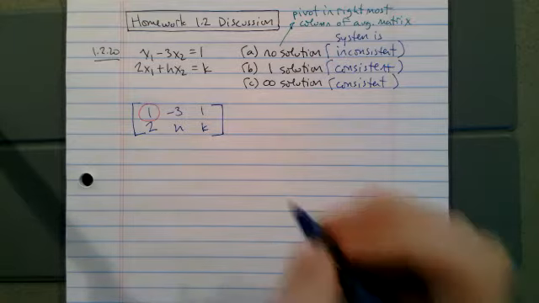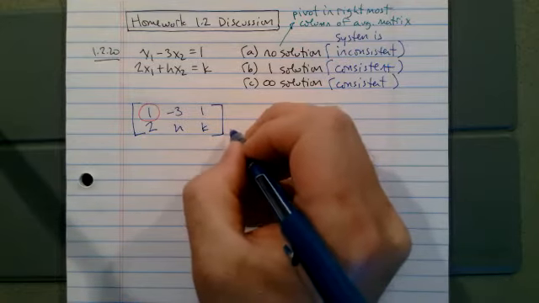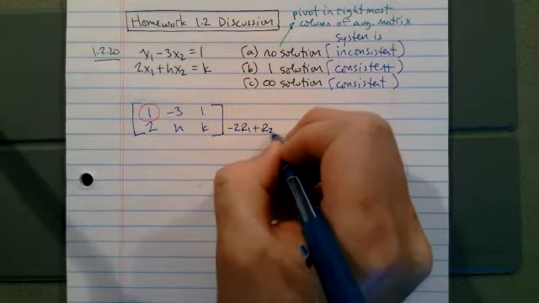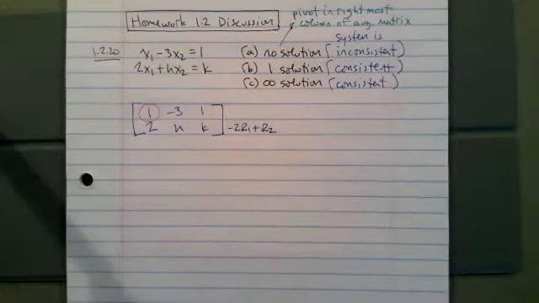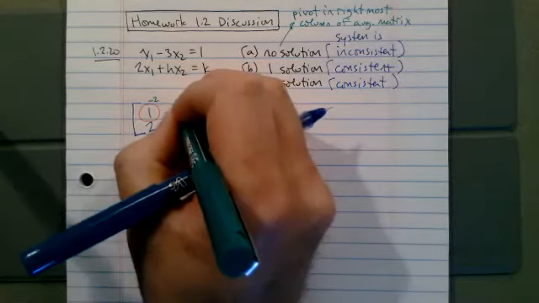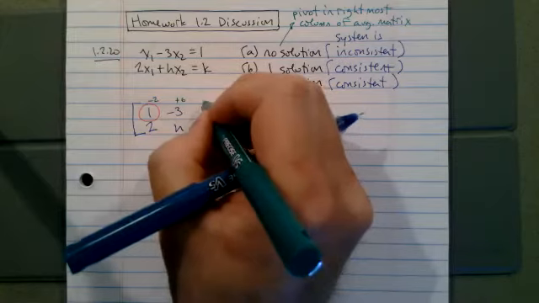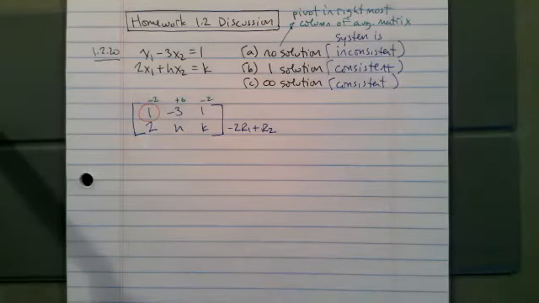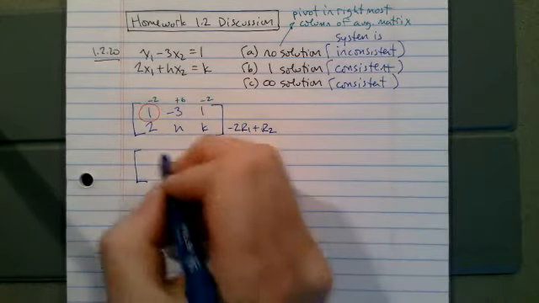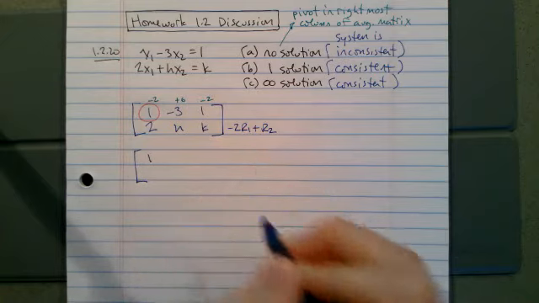So to do that, I'm going to replace row 2 with -2 times row 1 plus row 2. So let me write down what -2 times row 1 looks like. That'll be -2 plus 6 and -2 again. So my first row is going to remain unchanged at 1, -3, 1.